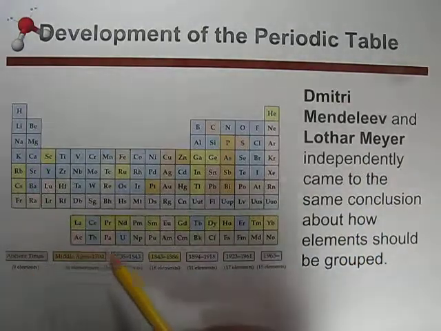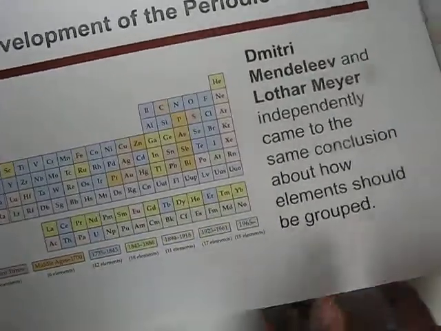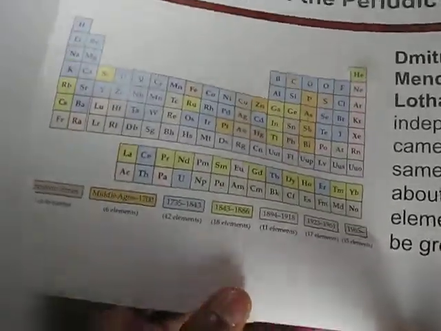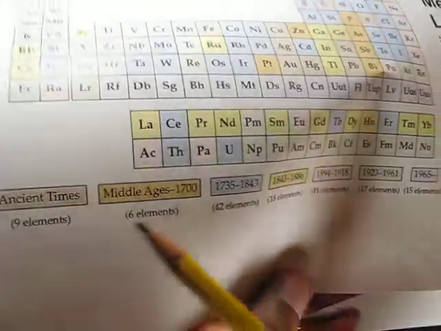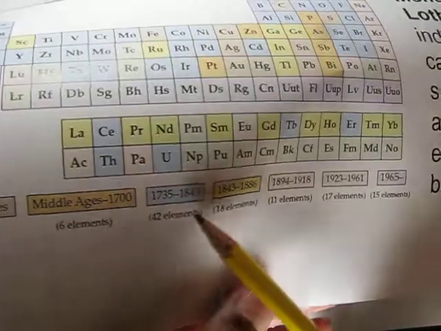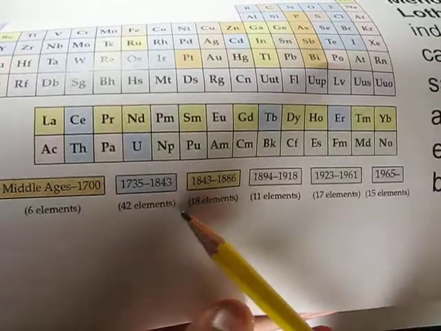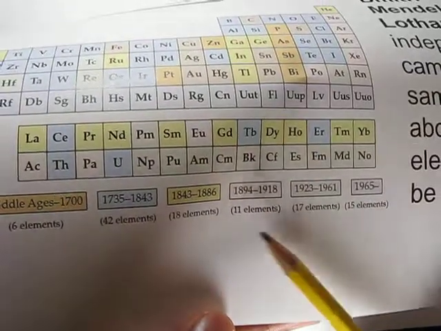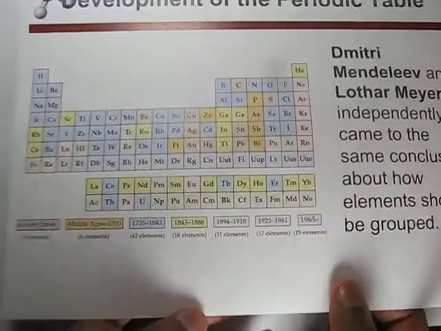And this is a brief history about the periodic table, how elements were grouped over different years. So starting from ancient time 9 elements, middle age 6 elements, and then in 1735 and 1843, 42 elements, and slowly they kept increasing or being removed from this periodic table.